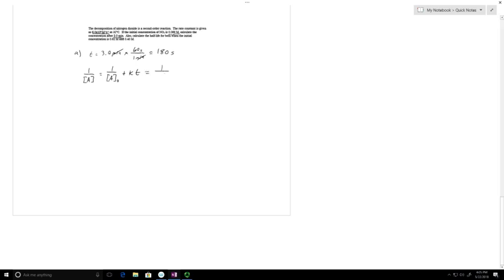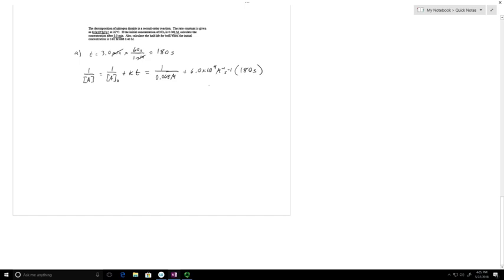So 1 over 0.068 molar plus 6.0 times 10 to the 9th power per molar per second times 180 seconds.